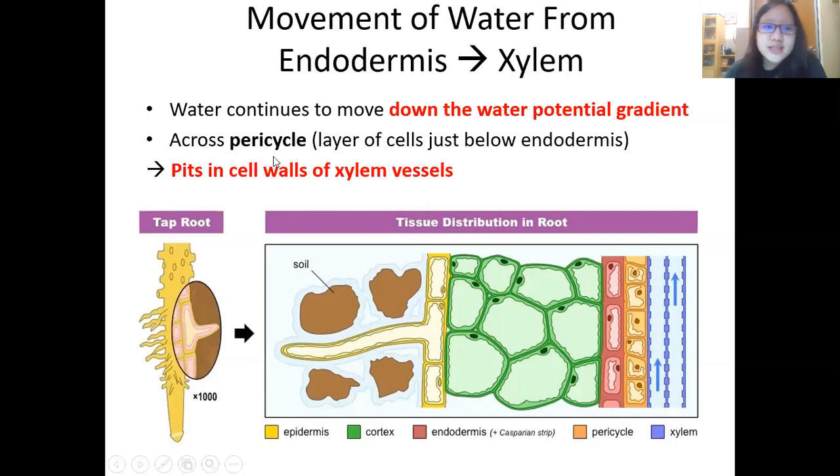Then, how does water get into the xylem vessels? Through the pits in the cell walls of the xylem vessels. Remember, the cell walls of xylem vessels are made out of cellulose and lignin, which is impermeable to water. These pits are not lined with lignin, and therefore water can pass through.